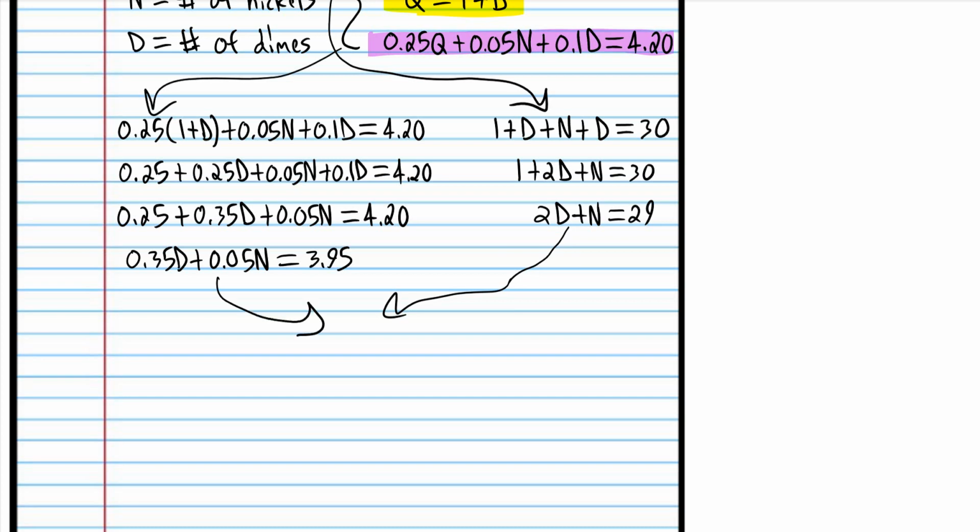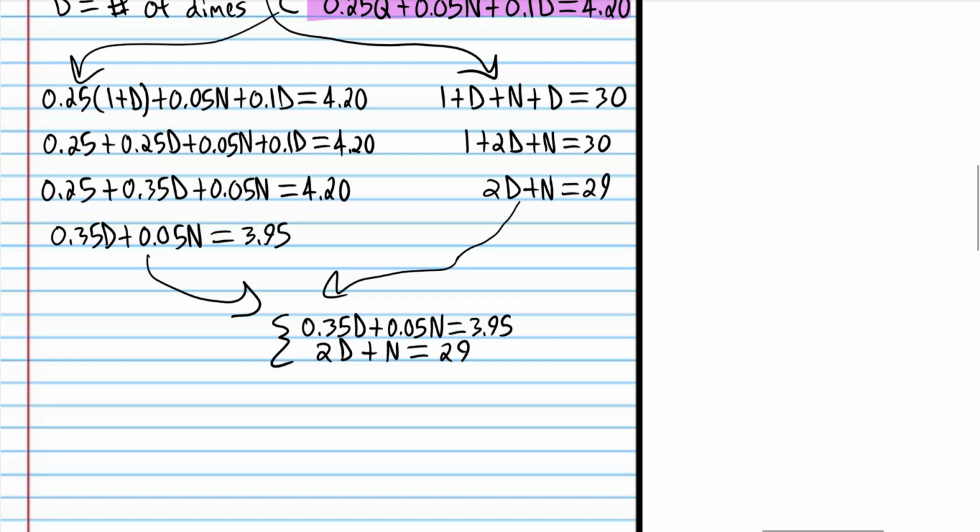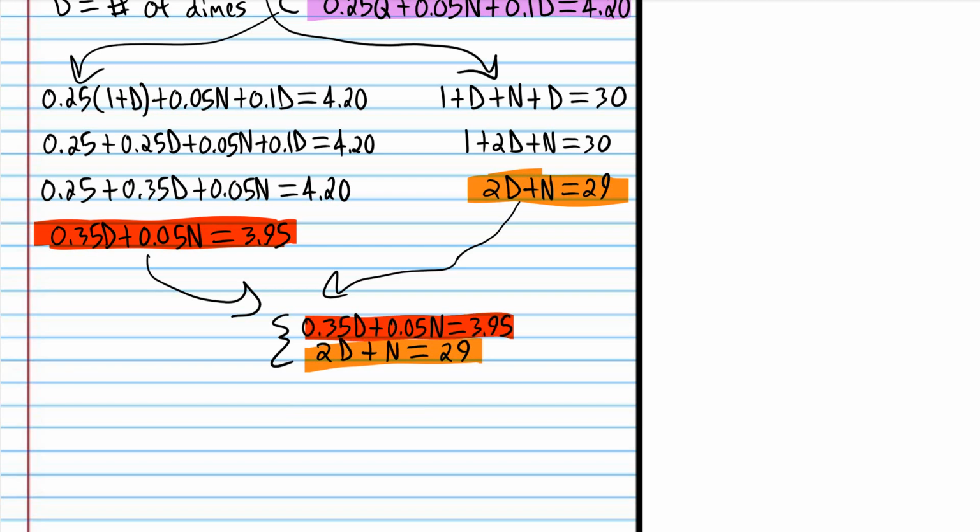So now I'm going to take these two equations and put them together in a system of equations. So I have this equation down here, and I have this equation here.